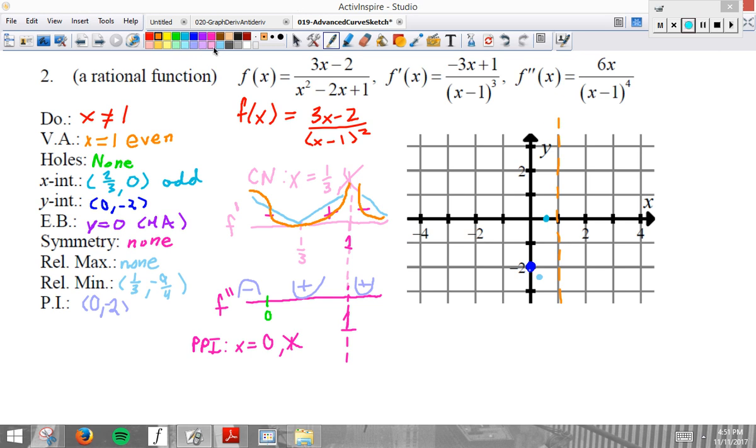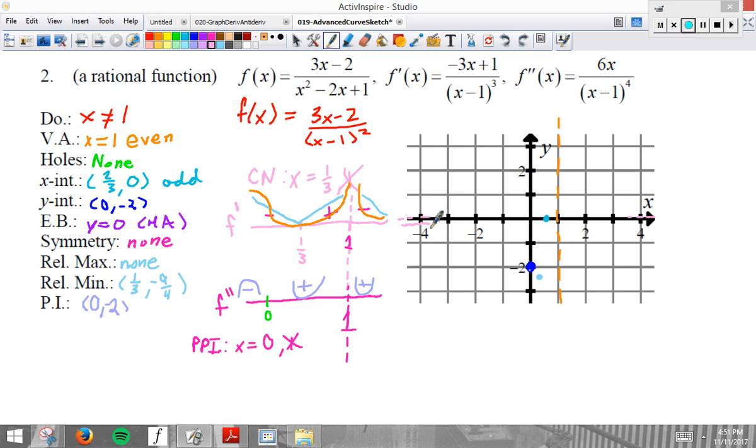So now it's about transporting this sketch over here. So I have a horizontal asymptote. That's my end behavior. We're going to start over here. We know there's no x-intercept, so don't start above. Starting down here. We are going to be concave down and decreasing all the way until 0.